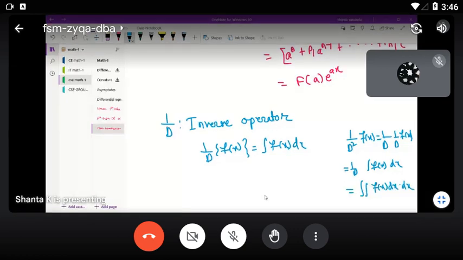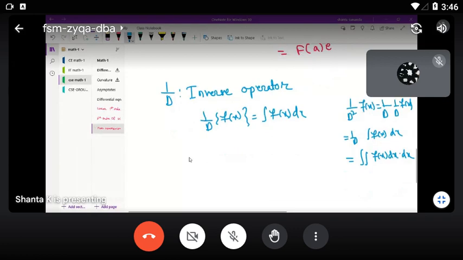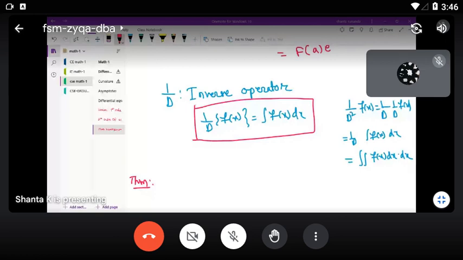Okay, some more I'm giving you. So one more theorem, related to the inverse operator.